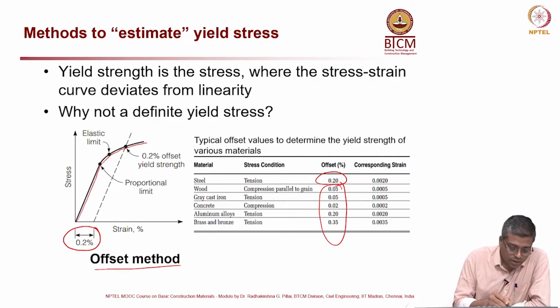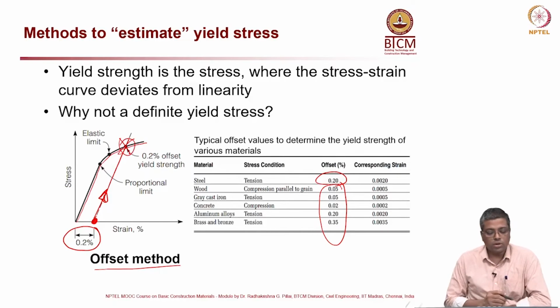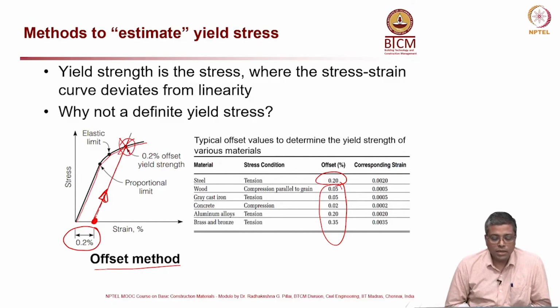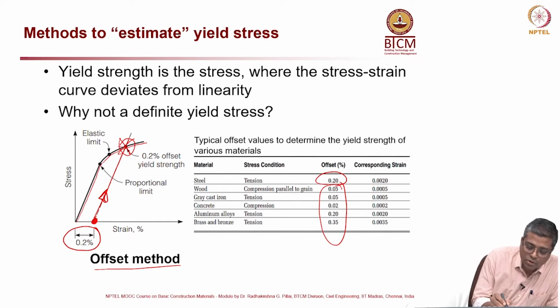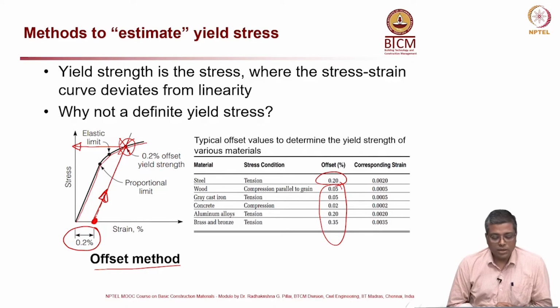So, anyway, let us look at this graph here. 0.2% you take for steel, and so you draw 0.2% here, and then draw a line parallel to the original curve, and wherever that line hits the curve, at this point on the top right, the value corresponding to that, this one here, we call as yield stress or yield strength.